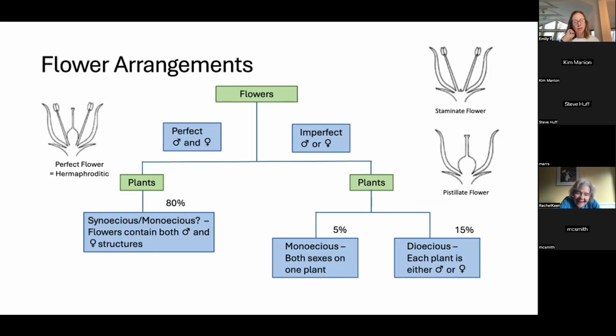But it was a jaw-dropping moment for me when cherries, peas, and magnolias are not considered monoecious because they are hermaphroditic flowers with both male and female parts. So my own new surprise.